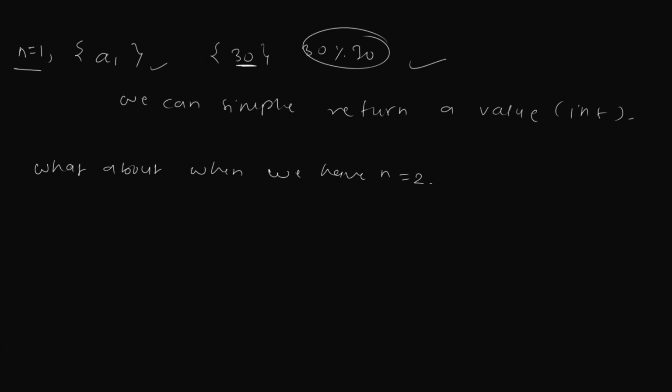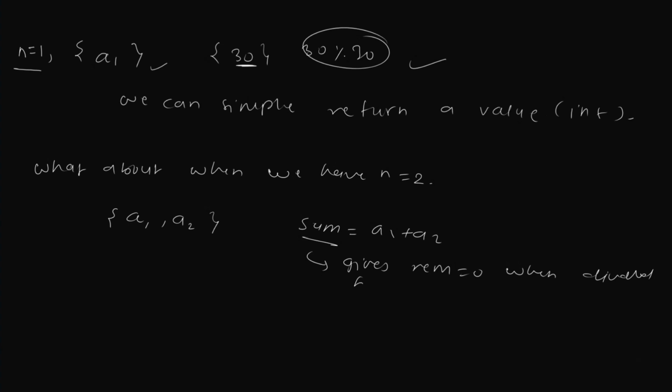So we are trying to build an array where we'll have two elements. Let's suppose these elements are a1 and a2, and their sum would be a1 plus a2, and this sum gives remainder 0 when divided by a1 and a2. Okay, so let's think about this.